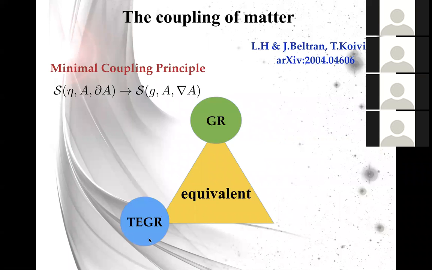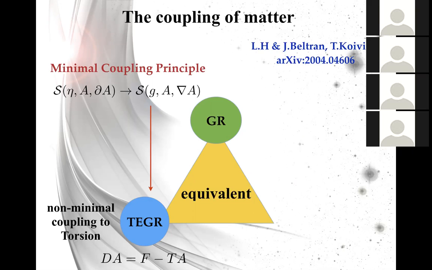So how about the teleparallel equivalent of GR? When you try to naively apply this, you see that it doesn't work. So non-minimal couplings to torsion arise, even already for gauge fields. Imagine you have some photons, some gauge fields, and you see they want to couple to torsion. And in this way, you wouldn't have matter fields behaving in the same way as in standard general relativity.